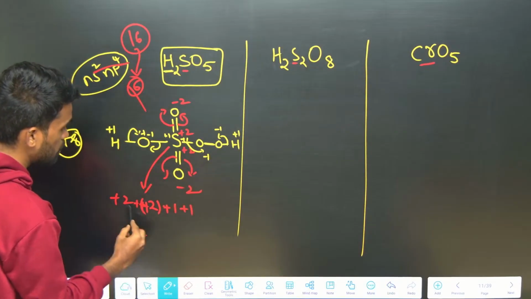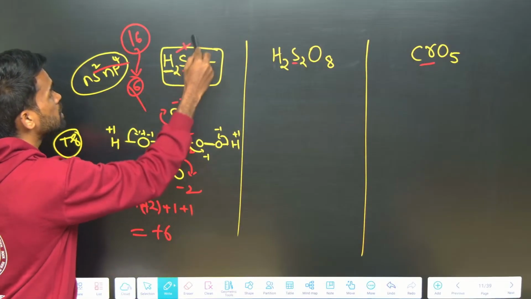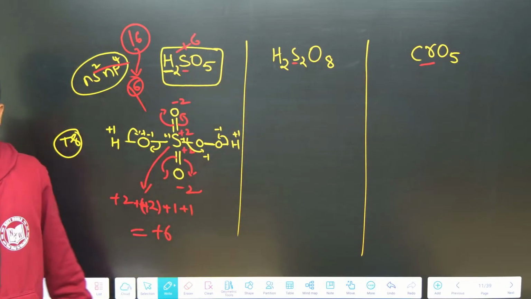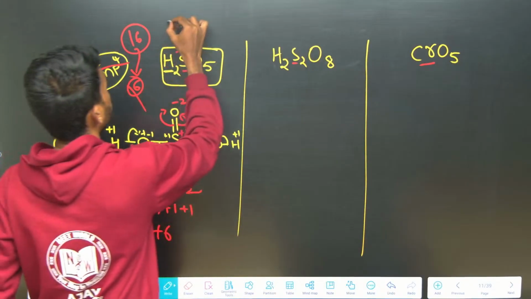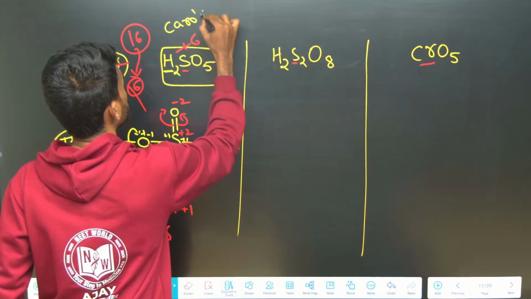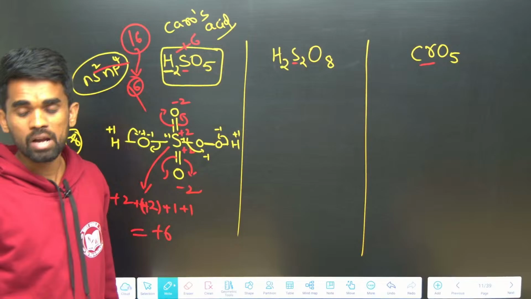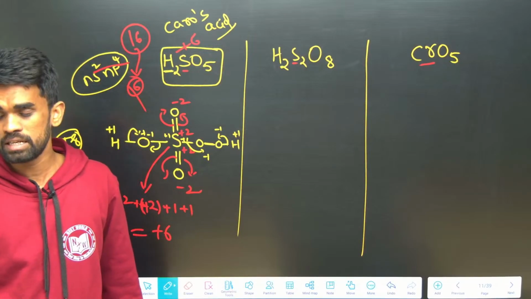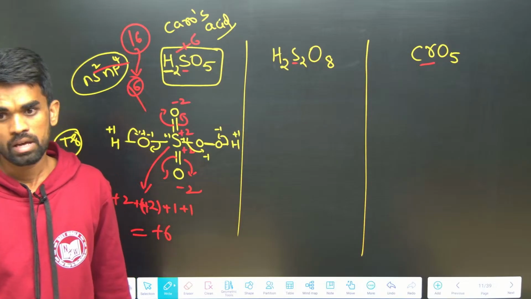So totally +4, +5, +6. So +6 is the oxidation state of sulfur in H2SO5. The name of this compound is Caro's acid. Again, in the exam they won't give the formula. They just say Caro's acid, oxidation state of sulfur in Caro's acid. Like that they will ask.